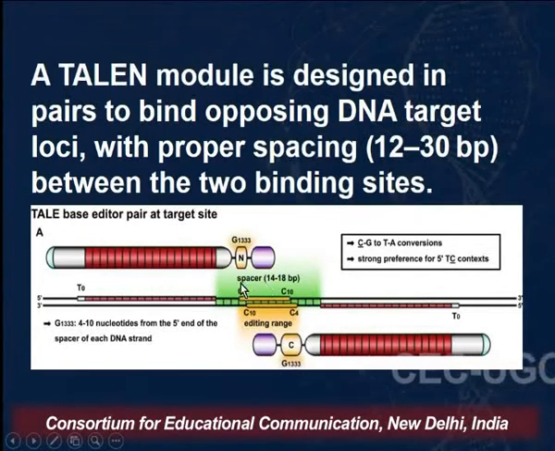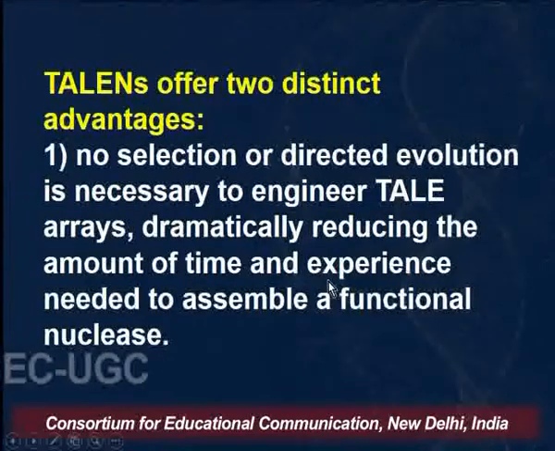This editing area is recognized by these nucleases, this is the DNA binding domain, and these are the nucleases that recognize with proper spacing in between, and then they can make double-stranded breaks here that will again be repaired by the HDR or the NHEJ method. So this is all about TALENs and how they work.